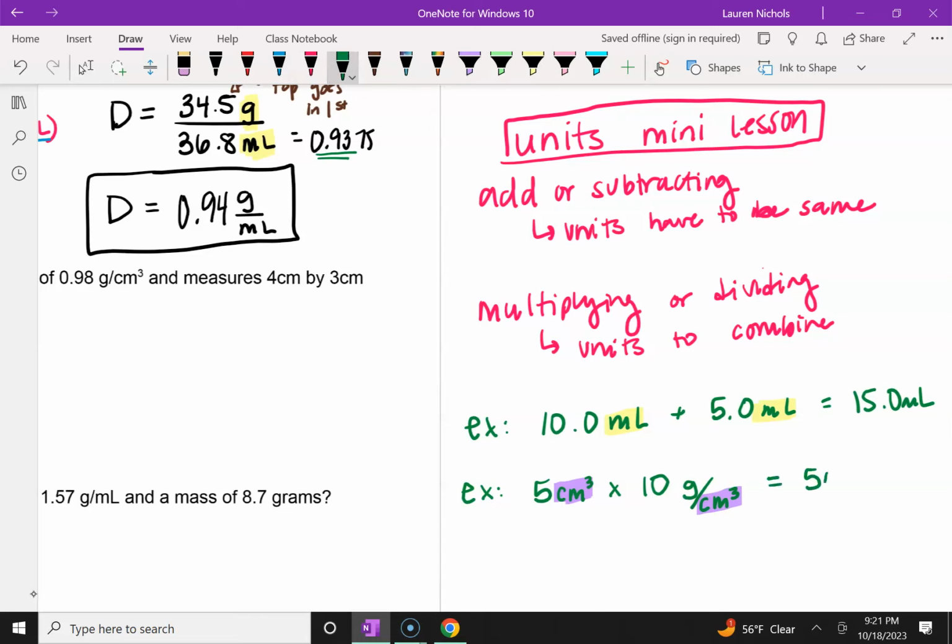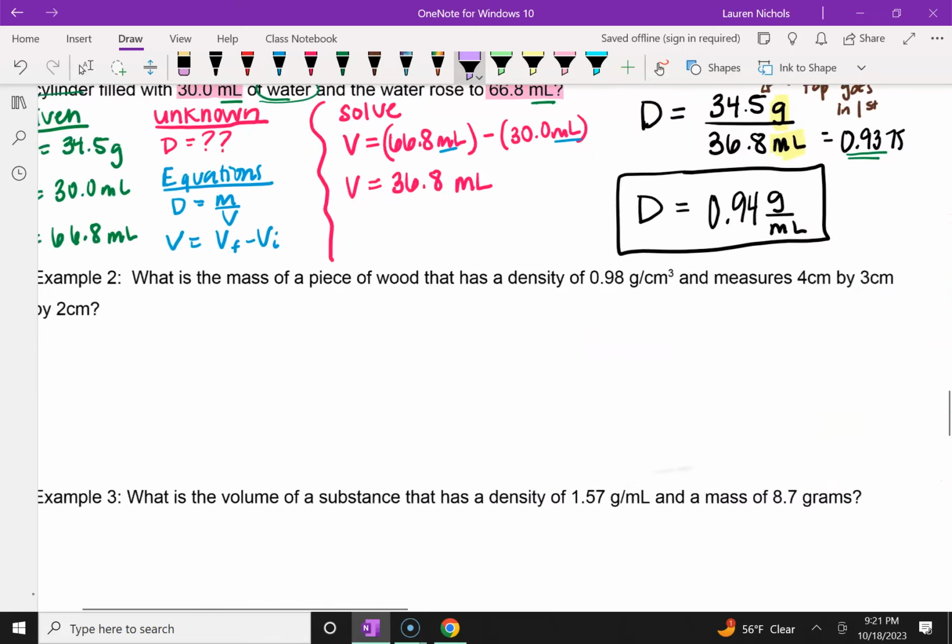So this would be 50 grams. The centimeters cubed disappears. Or, for example, if we have 4 centimeters times 4 centimeters, that would give us 16 centimeters squared, because since I have 2 centimeters and nothing cancels out, like we don't have one on the top and the bottom, they combine. So that's just a little mini lesson on units in case you find that helpful.